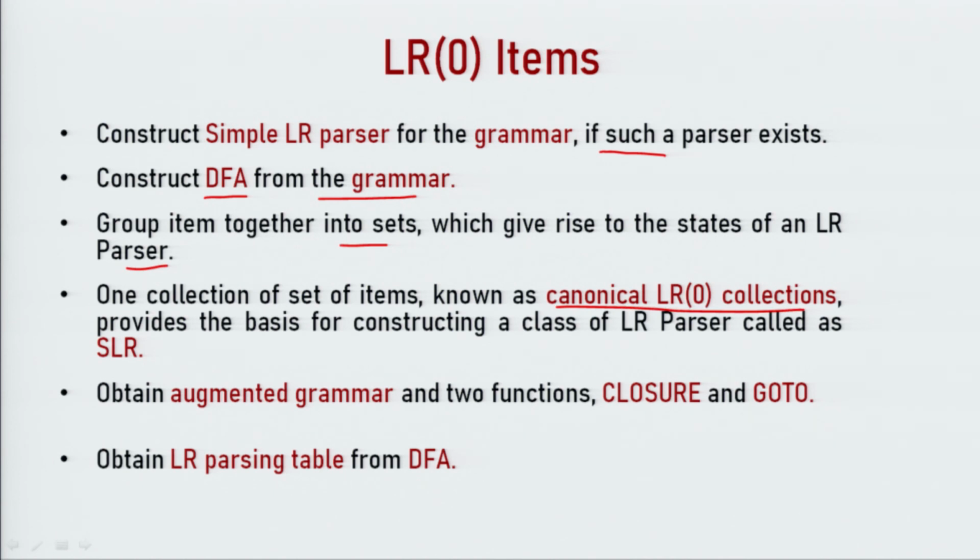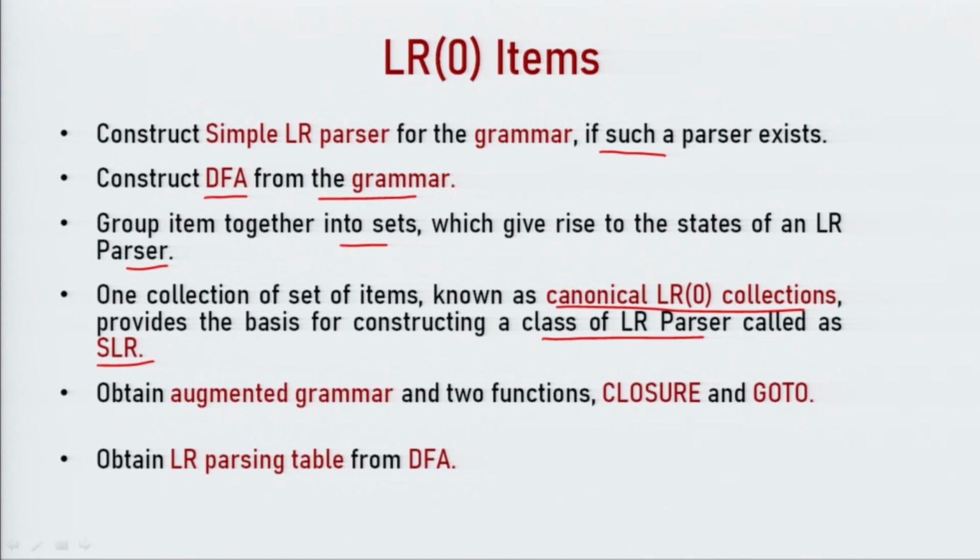So, here we will obtain LR0 items, and when we group all LR0 items, we will get the LR0 collections. It provides the basis for constructing the class of LR parser called the simple LR parser. So, using this we will obtain the simple LR parser.